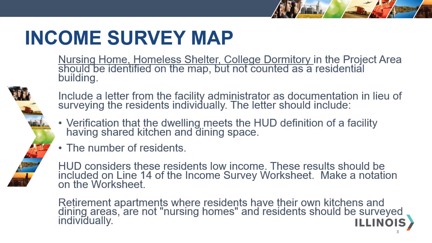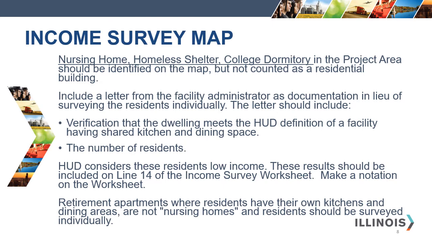If you have a residential facility in your project service area that has a shared kitchen and dining space, such as a nursing home or homeless shelter, you must identify this building on your income survey map. To keep from surveying the residence, you can include a letter from the facility administrator that indicates that the dwelling meets HUD's definition of a residential facility with shared kitchen and dining facilities.